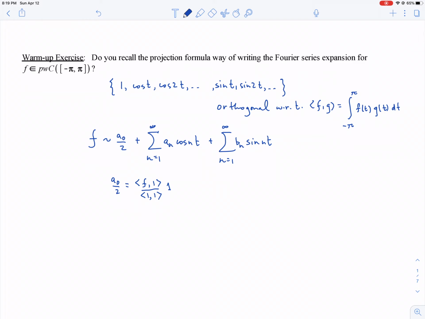And then the a_n were just the inner product of f with cosine nt divided by the inner product of cos nt with itself. And so the numerator was just the integral from minus pi to pi of f of t cos nt.